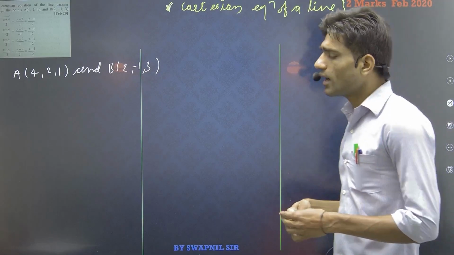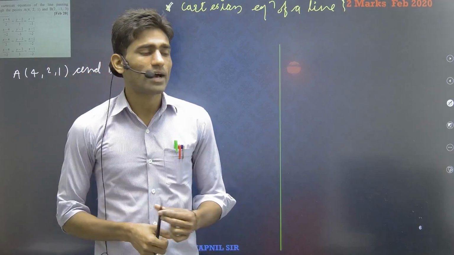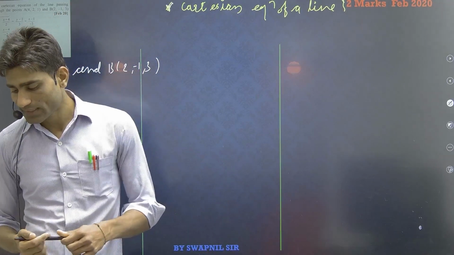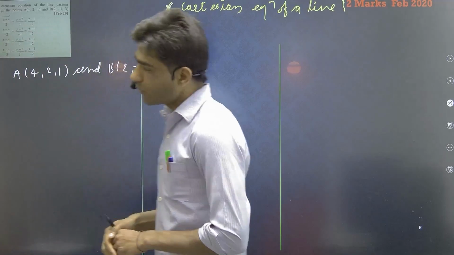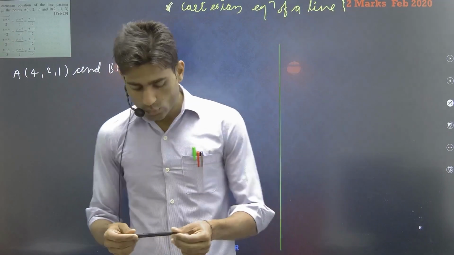For finding the Cartesian equation of a line, we use the standard result: (x minus x1) upon (x2 minus x1), equal to (y minus y1) upon (y2 minus y1), and equal to (z minus z1) upon (z2 minus z1).